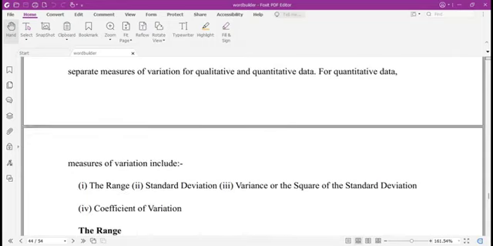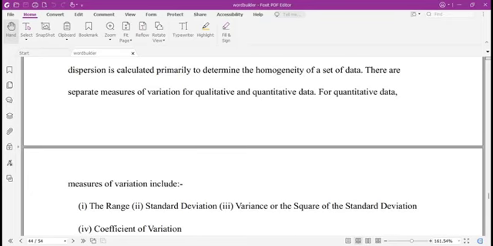For the quantitative data, we have the range, standard deviation, variance, or the square of the standard deviation. When you square the standard deviation, you're going to get variance. And then you have the coefficient of variation.